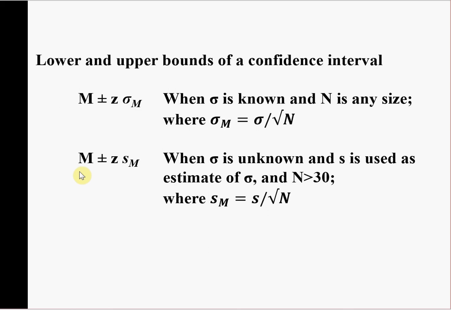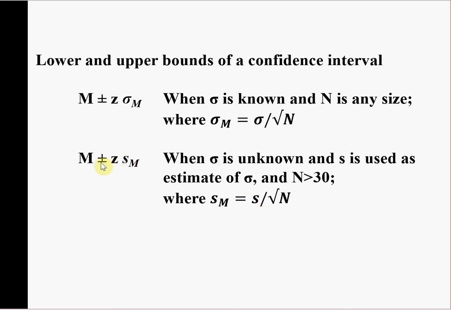So you would use this way to calculate the lower bound and upper bound when you do not know the population standard deviation but the sample size is larger than 30. But you have to calculate an estimated standard error by using the sample standard deviation.